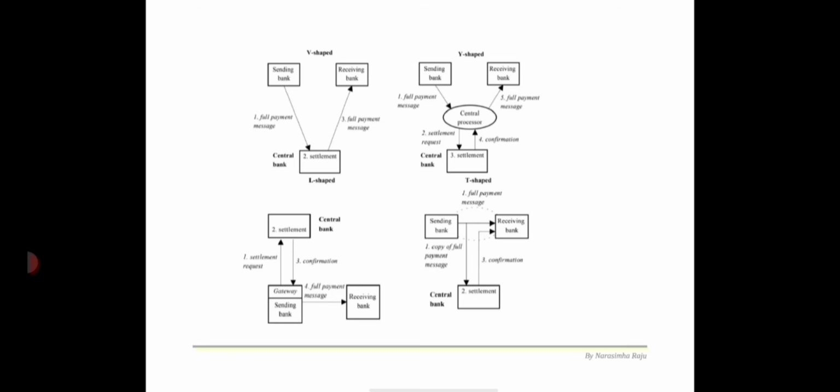DNS arrangements. The payment message dispatched by the sending bank is held at a system gateway attached to the sending bank's internal process system, and a subset of information contained in the original message is sent to a central bank.